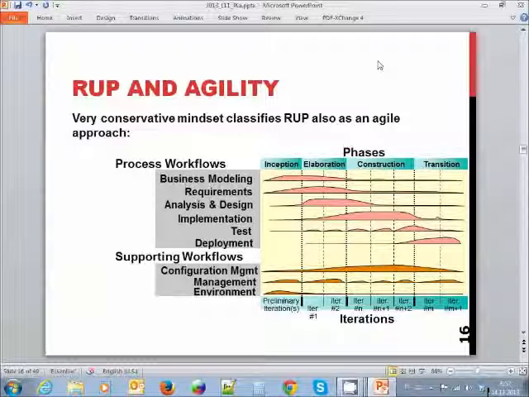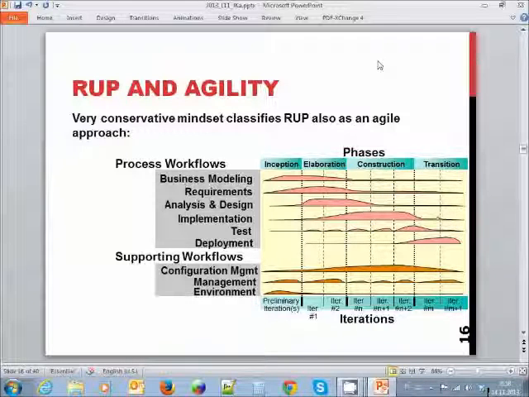then actually the rational unified process is something that can be said to be almost an agile approach. Of course, we know that the amount of documentation, amount of preparing work before we start to do development is actually quite intensive, and there's a large amount of designs and diagrams and documentation we have to do before we actually start to do the construction work.